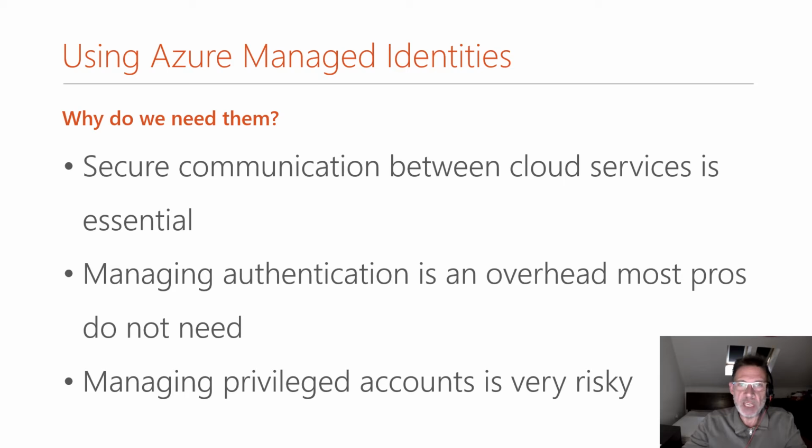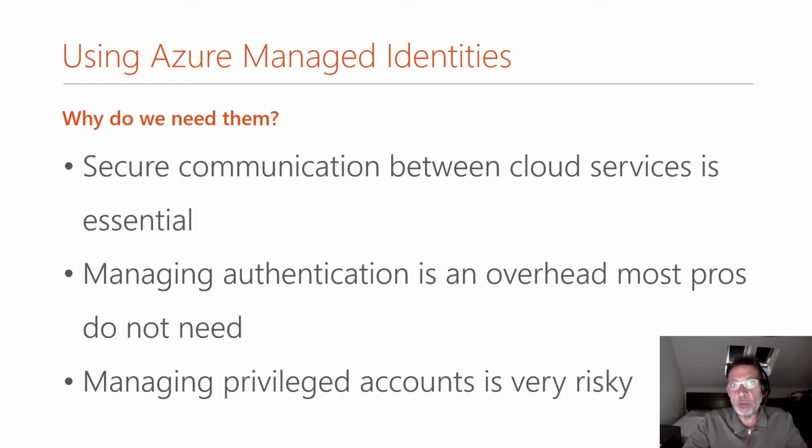The other reason is that managing privileged accounts such as identities, principals, service accounts and those sorts of resources is extremely risky. If you don't use managed identities, you can end up recording connection strings in files, and those files can be checked into GitHub or another version control system.